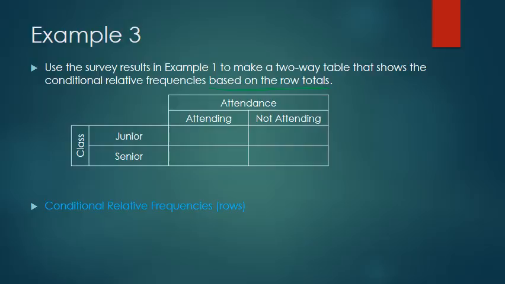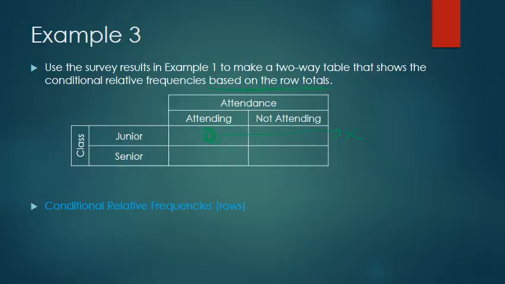What does this mean? Basically what it's asking us to find is some more probabilities, because relative frequencies, they're all probabilities. So it wants us to find the probability, let's say, of this box right here, not out of the total, but out of the row total, whatever row total was over here that I just put an X on.